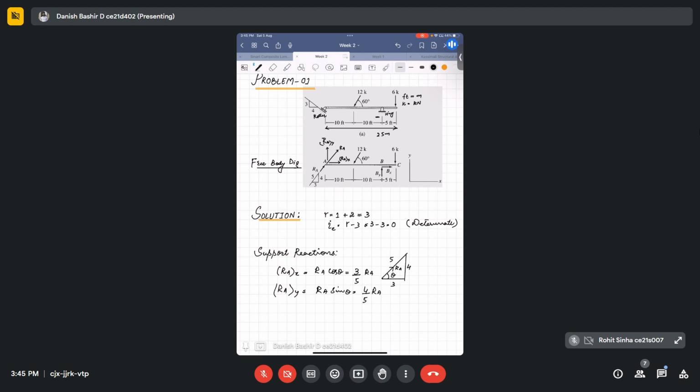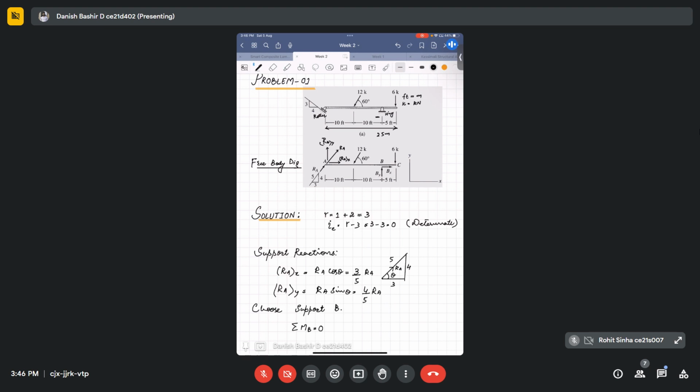Then after this, we can choose either of the supports, either support A or support B, and we can use our first equilibrium equation, that is, summation of the moments is equal to 0. So let's choose support B and use summation of MB is equal to 0.